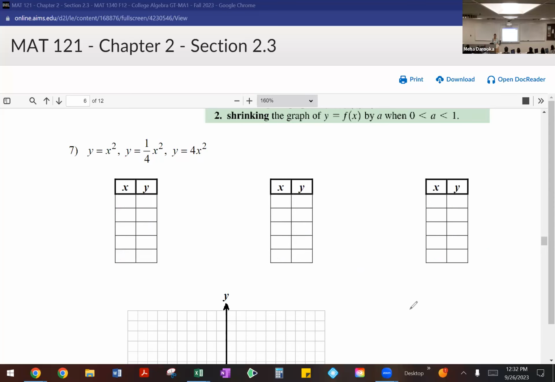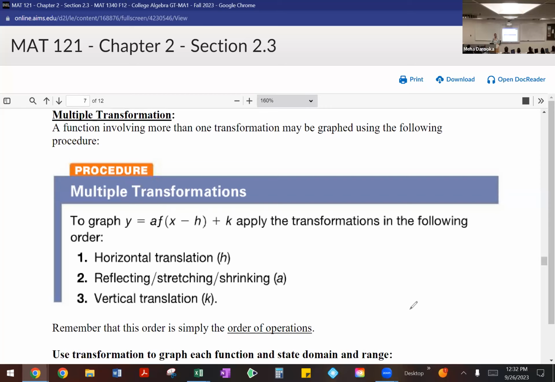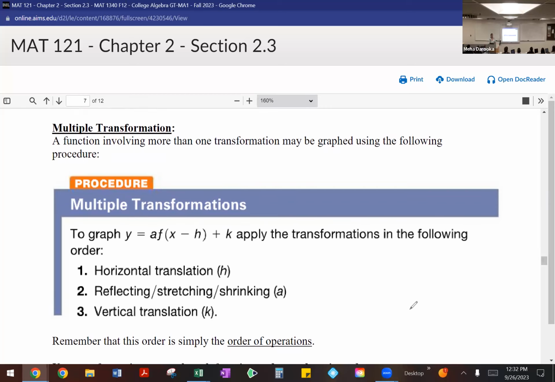Alrighty, let's clear this out. This is the order you need to follow when you're working with multiple transformations. You will always move the graph horizontally first, so that's the H value, so the graph moves left or right first. Then we do the reflection, shrinking or stretching, which comes from that A value. And then the very last thing we do is the vertical translation, which is the K value.